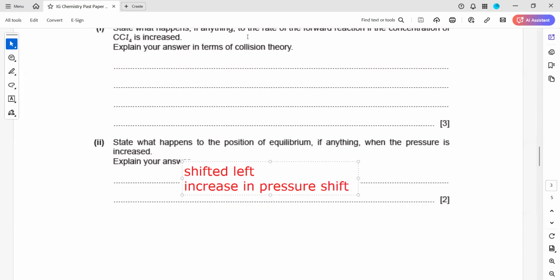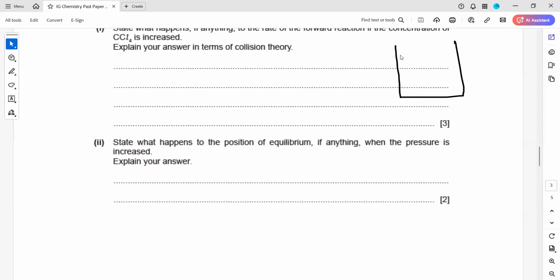It depends on the number of collisions. Let's say you have a container. In the question, you have three molecules of the reactant and 5 molecules of the product, and you're compressing them. So when you compress, which one will have a greater chance of colliding, the reactant or the product?